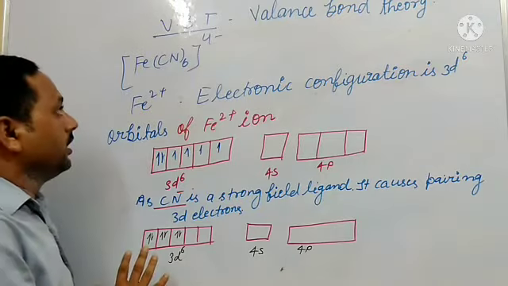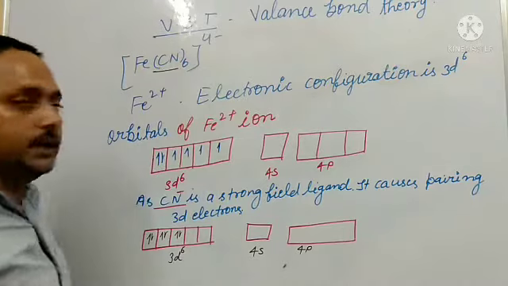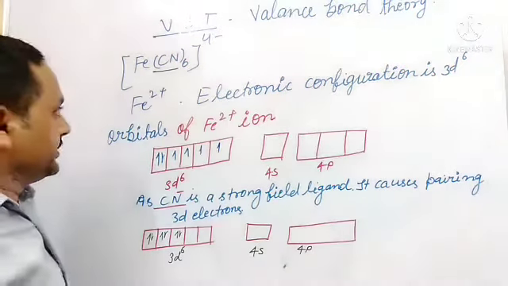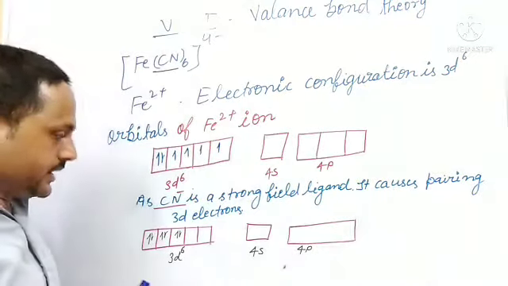Here you can see one thing. How many ligands are there? There are 6 ligands around the central metal atom.